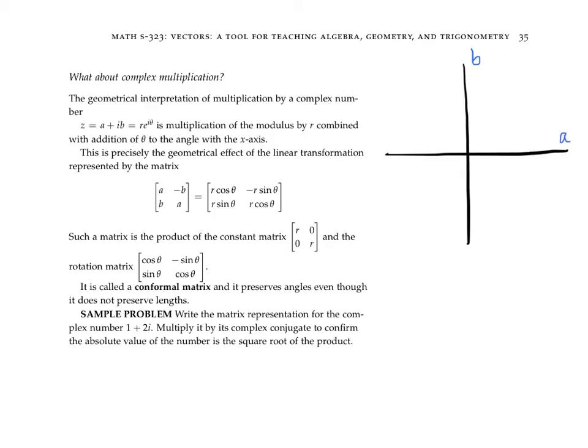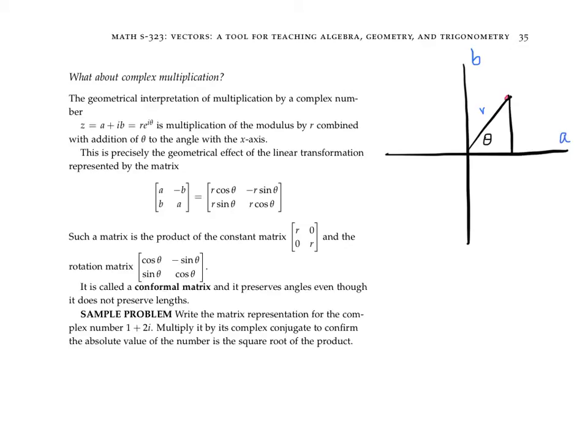When you're looking at polar coordinates, points are not located by their x component and their y component. Rather, when you're looking at an arbitrary point in the plane here, you want to analyze it by its distance from the origin, r, and the angle that a line from the origin to that point makes with the positive x-axis, theta. So the distance from the origin is r, and then you have theta as well.